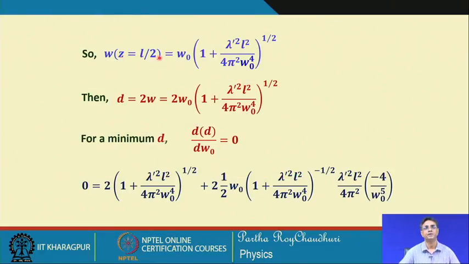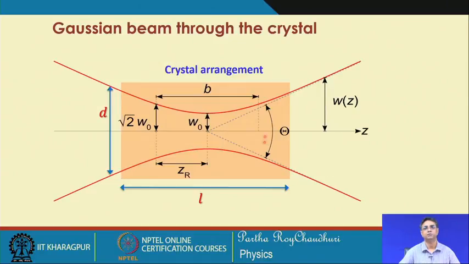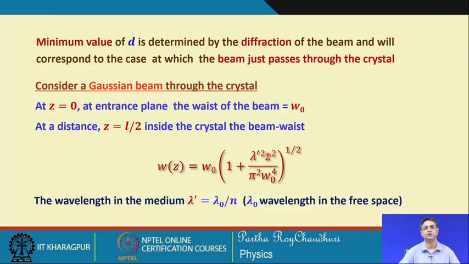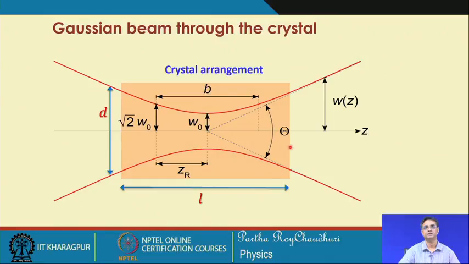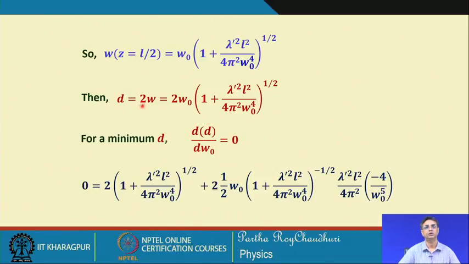So, for z equal to L by 2, you just plug in this expression z equal to L by 2, and you will get this value, very straightforward and very simple. Then, because d is twice the W at L by 2, that is the requirement. So, d equals twice W, equals 2 W 0 times this quantity.